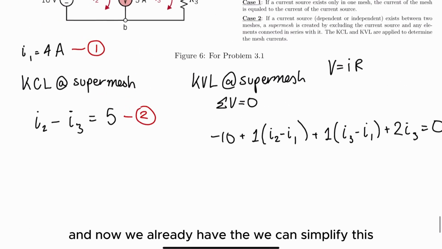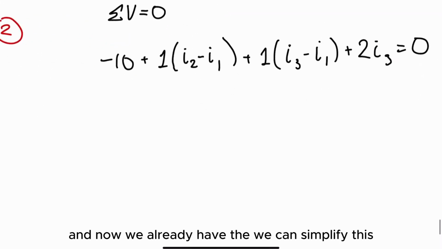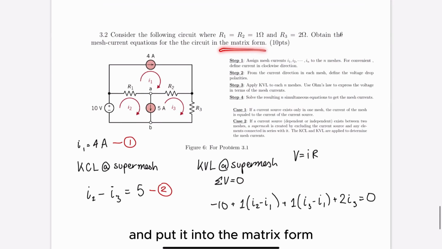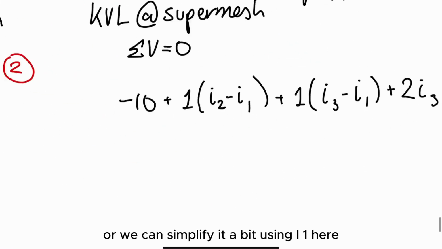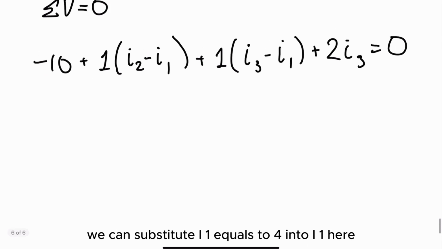Now we can simplify this and put it into matrix form, or we can simplify it a bit using I1 here. We can substitute I1 equals 4.